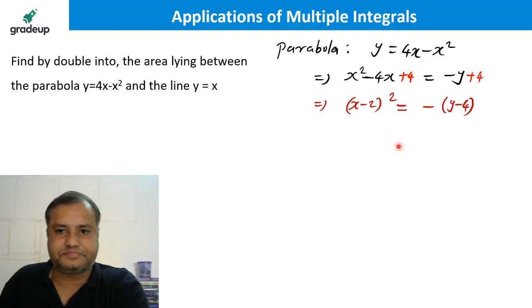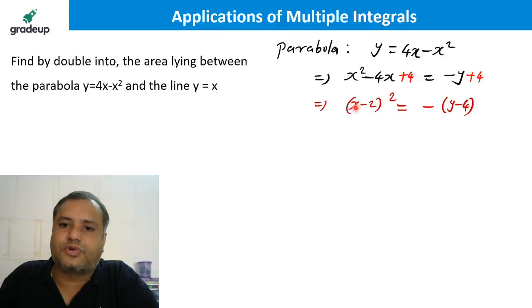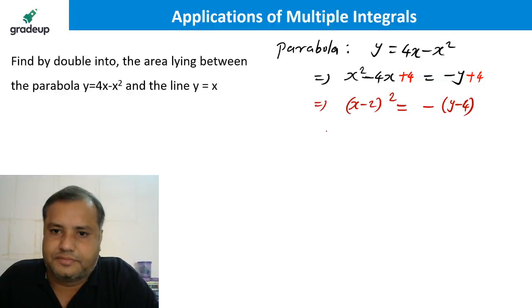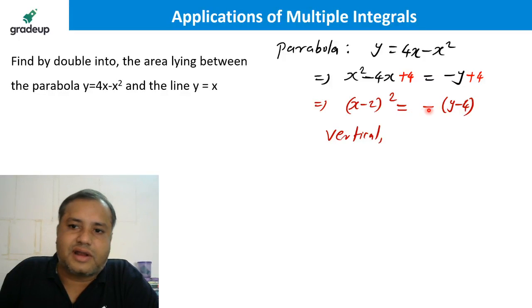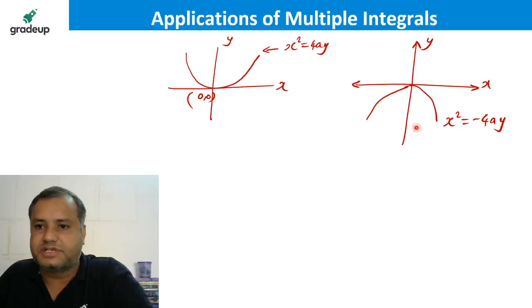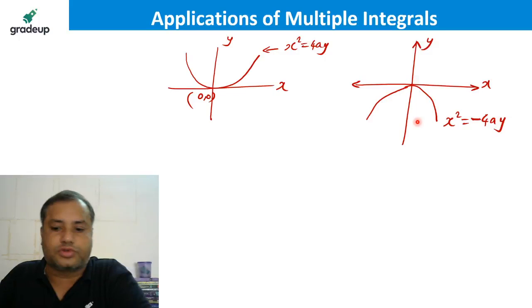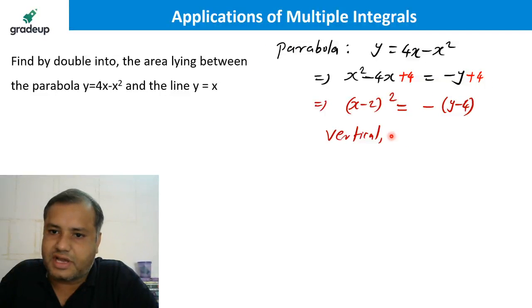Let's come back. So here also the degree of the x term is 2 and the degree of the y term is 1. So this is also a vertical parabola. But the right hand side is negative. See here, when the right hand side is negative, the parabola is inverted. Vertical, inverted.